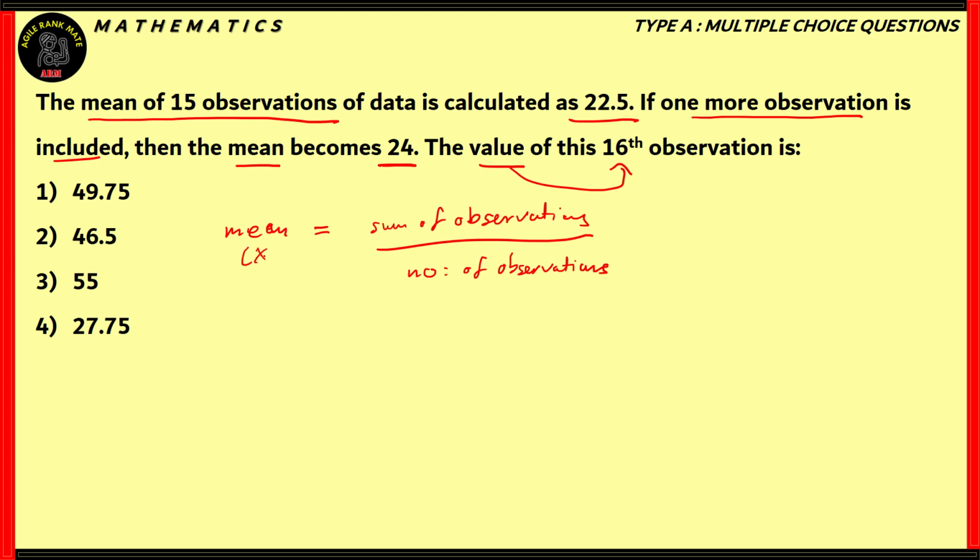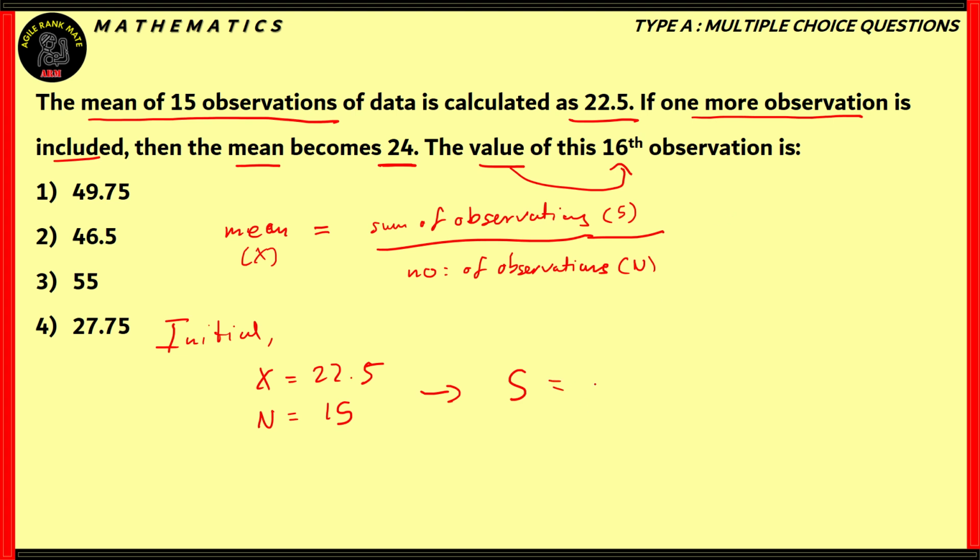So let's consider mean as x, sum of observations is s, and number of observations is n, just to simplify matters. Now, initially, our mean value was 22.5. Our n value, or the number of observations, was 15. So therefore, since we know that x equals s over n, then s will be equal to x multiplied by n.